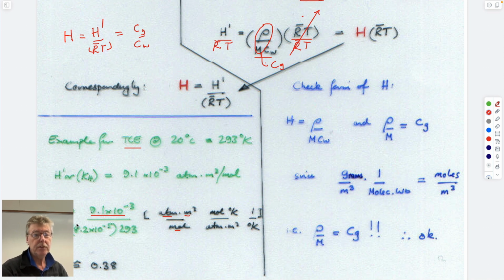We have the universal gas constant as 9.82 times 10 to the minus 5 atmospheres meters cubed per mole Kelvin, and we have temperature in terms of Kelvin. And if you substitute those in, you get a value of this non-dimensional Henry's law coefficient of about 0.4, which we saw earlier, right, as well.